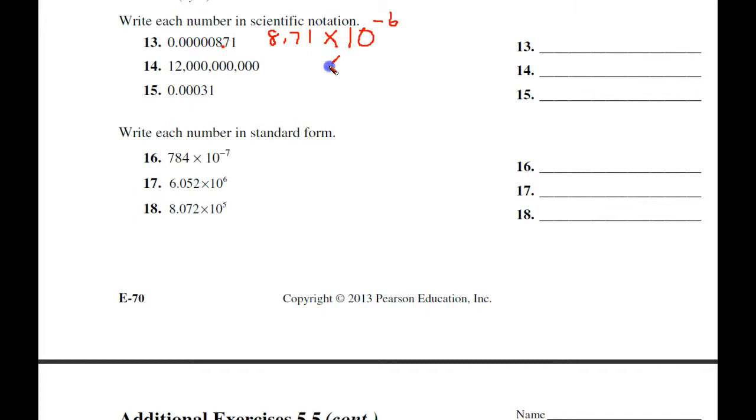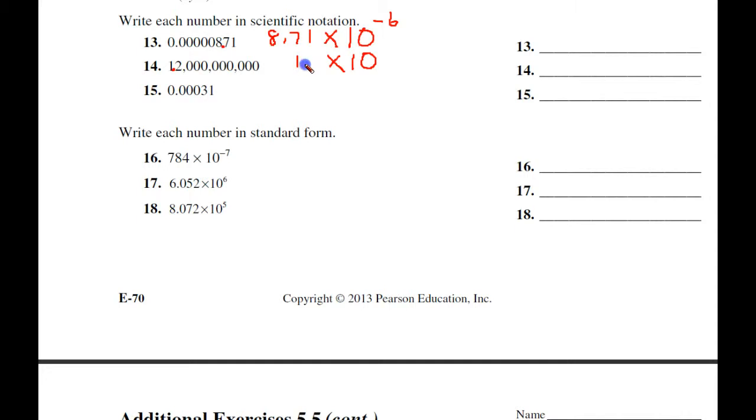So again, same thing for this one. It is going to be to some power of 10. And because it's a large number, there'll be positive exponents. Again, we want to make this a number between 1 and 10. So there's 3, 6, 9, 10.